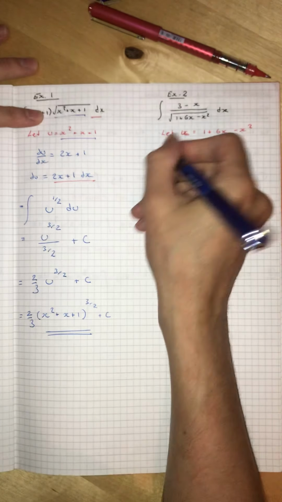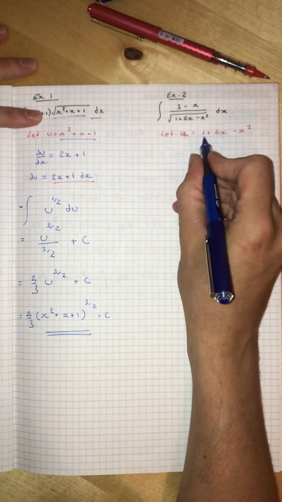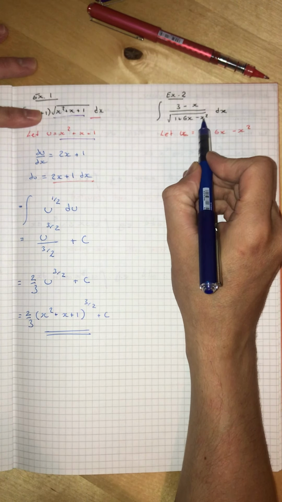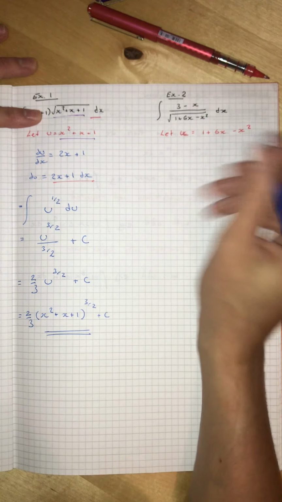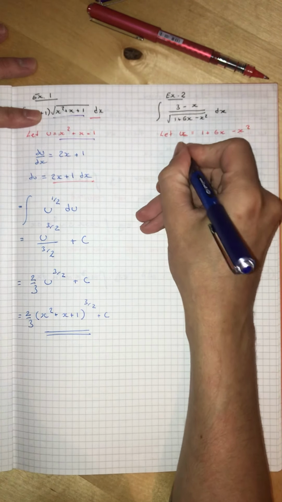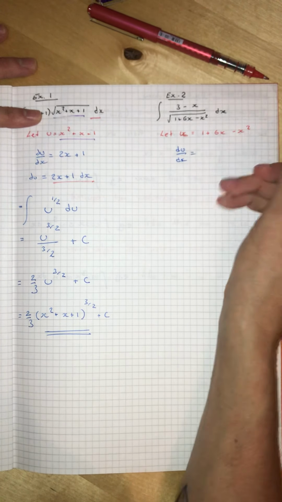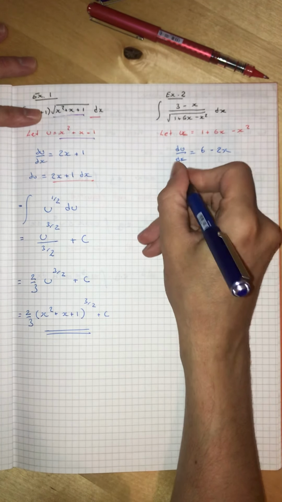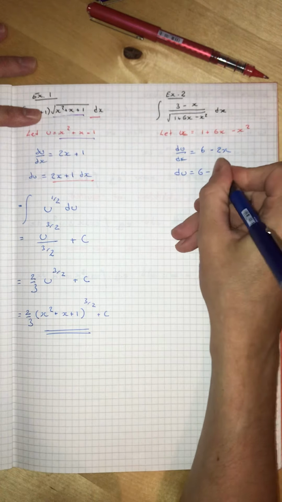Let u equal 1 + 6x − x^2, because we can see that it's going to be very close to what is on the top once we differentiate it. So du by dx will equal 6 − 2x, so du will equal (6 − 2x) dx.